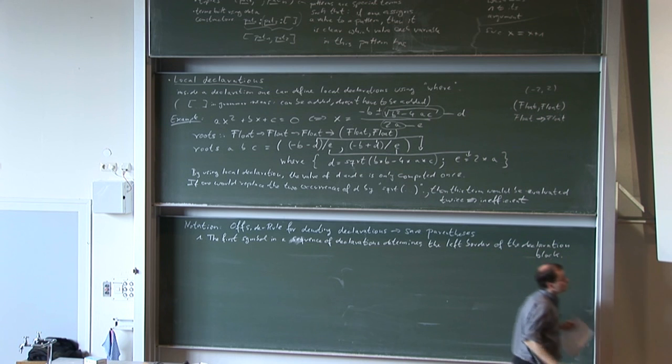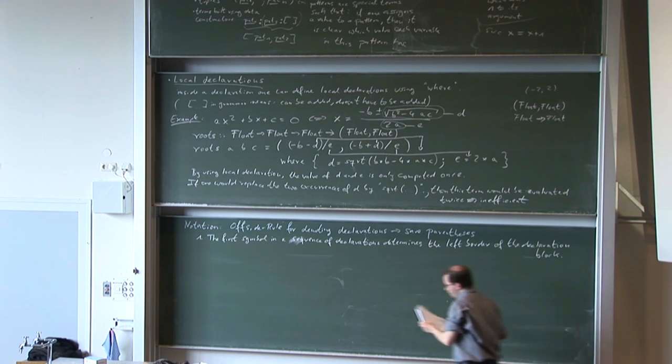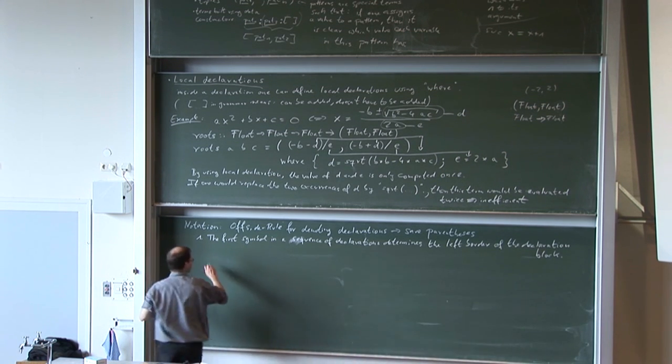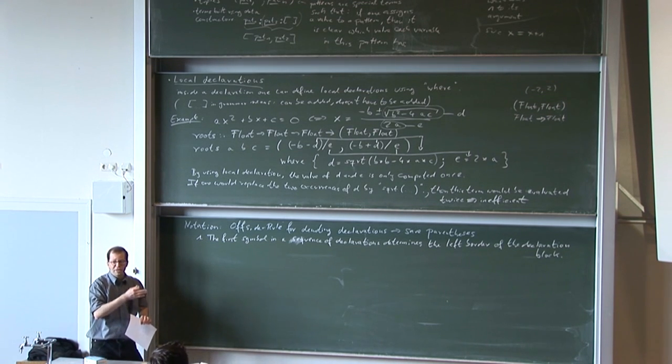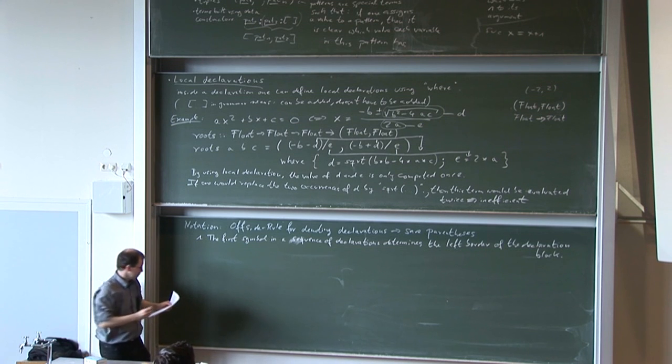So if you decide to drop these parentheses, you can do this, and then the first symbol of declaration 1, the position where you write it in your program determines where this block starts. And if you start a new line, which starts at the same position, so in the same column, then this is considered to be a new declaration within the same block.